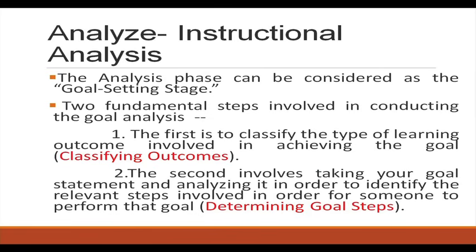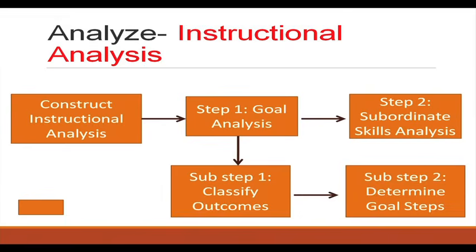So, classifying the outcome, and the second is taking your goal statement and analyzing it in order to identify the relevant steps involved for someone to perform that goal. That means the second one is determining the goal steps. In the picture you can see the first one, construct instructional analysis.